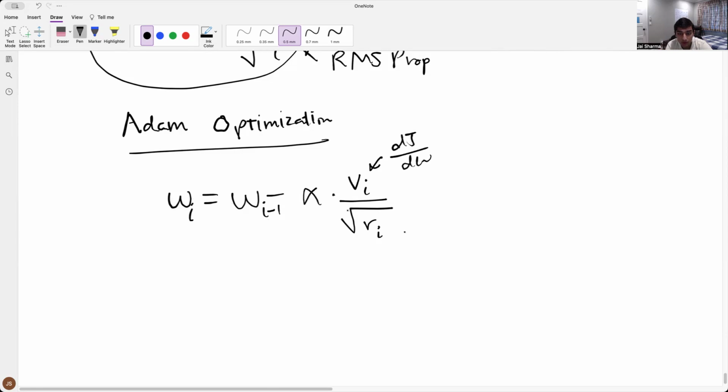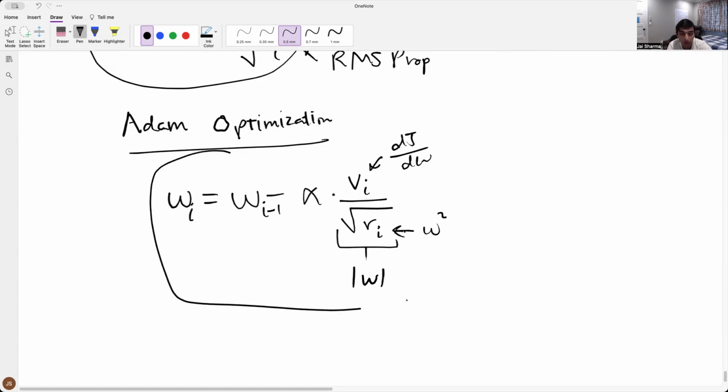And this is divided by the square root of Ri, and Ri is our guess of what is W squared, right? And therefore the square root of that would just be the absolute value of W. So we're dividing this by the absolute value of W.